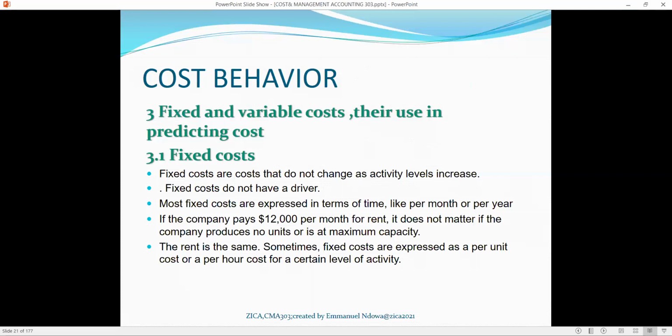If you produce 100 desks, despite that, you still have to pay $12,000. If you produce 5 desks as well, you still pay the rent of 12,000. That's why we are saying fixed costs do not change with the level of activity.